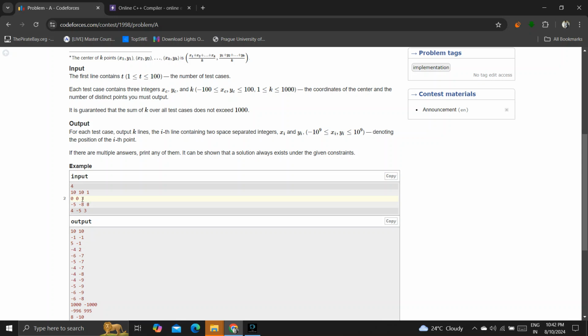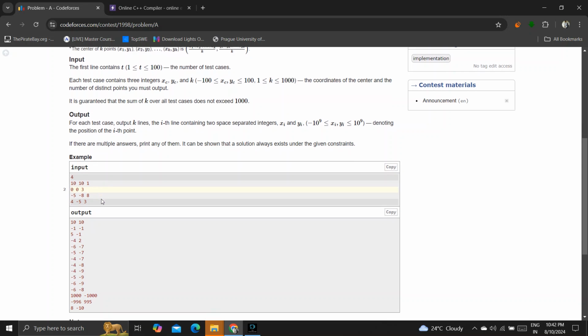If I find odd values, then I will take this as the mean, and the other coordinates would be: I will decrement one value, so that would be my second coordinate, the first coordinate the number itself, and the third coordinate would be 0 plus 1. Okay, so it would be 1, right? In this way. And similarly for the y coordinate, I will take -1, 0, and 1. Okay, so the sum of -1, 0, and 1 would be 0, divided by 3 would be 0 only, right?